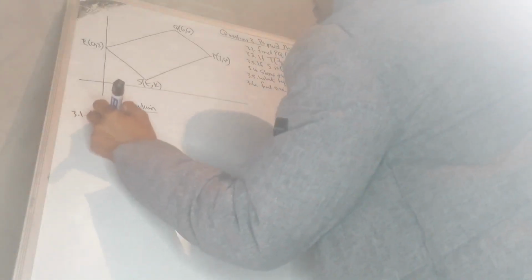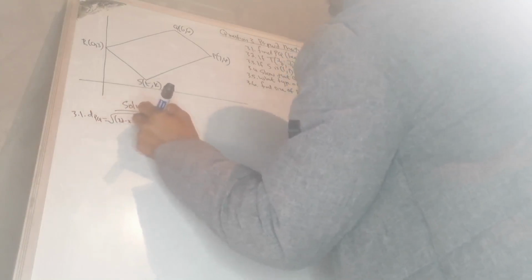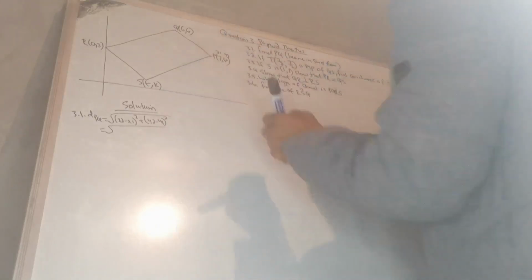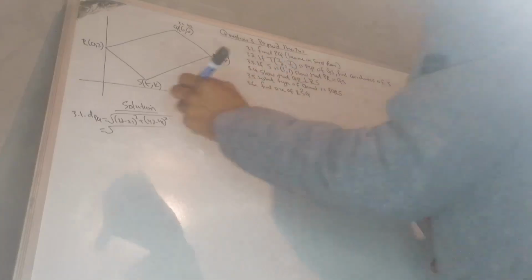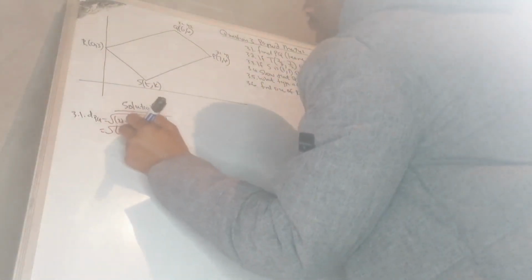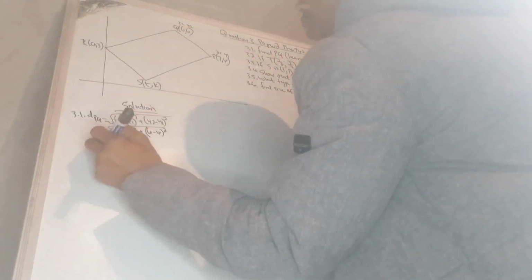We know that the distance of PQ is the square root of (x2 minus x1) squared plus (y2 minus y1) squared. With P as x1, y1 and Q as x2, y2, this will be 6 minus 7 and 6 minus 4.